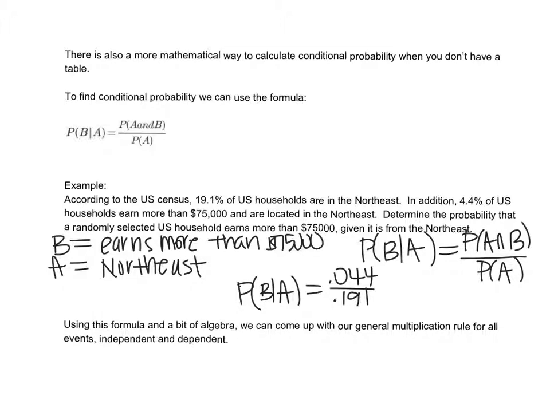Dividing 0.044 by 0.191, we get 0.2304, which as a percent is 23.04%. So the probability that a household earns more than $75,000 given it's from the Northeast is 23.04%.